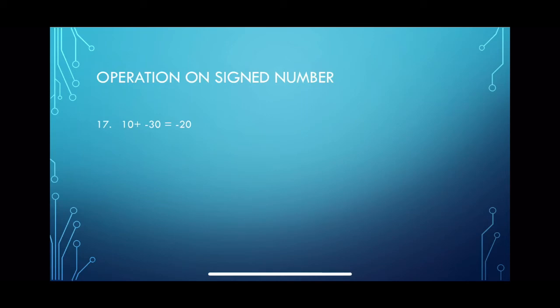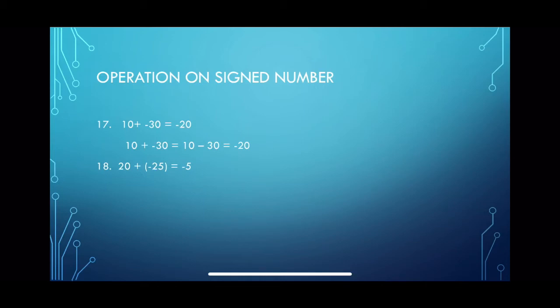So the answer is negative 20. For our alternate solution, we have 10 plus negative 30, which is also written as 10 minus 30, equal to negative 20. For number 18, again, 20 plus negative 25 is equal to negative 5.